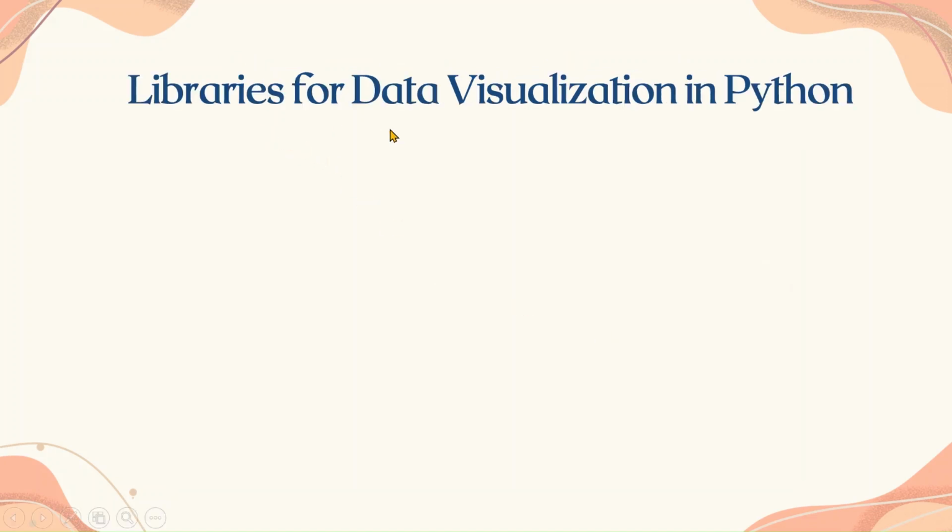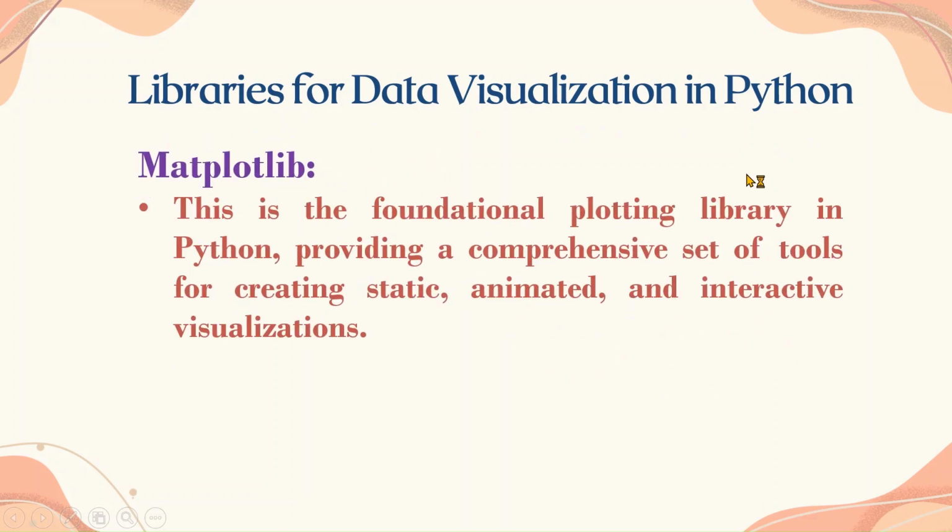Now, what are the libraries existing for data visualization in Python? The first one is Matplotlib. This is one of the most used libraries, the base foundation for data visualization in Python. It is a foundational plotting library in Python, providing a comprehensive set of tools for creating static, animated, and interactive visualizations.